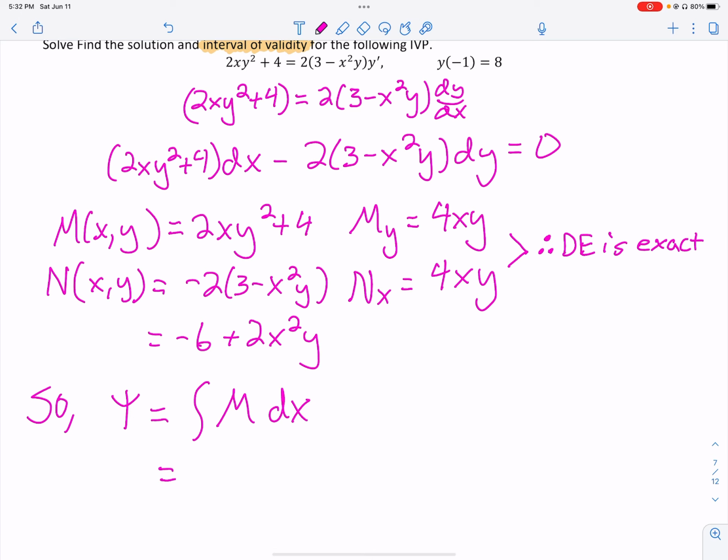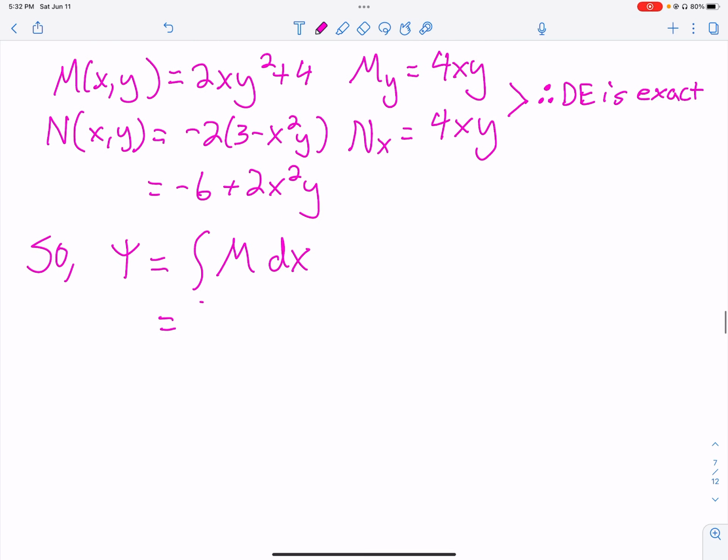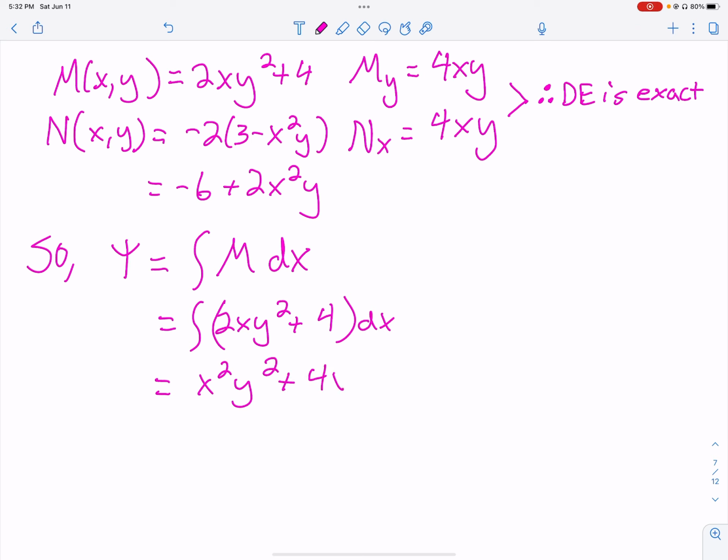So I'm going to plug all that in. Integral of 2xy squared plus 4 dx. All right, I integrate, I get x squared y squared plus 4x plus c1.